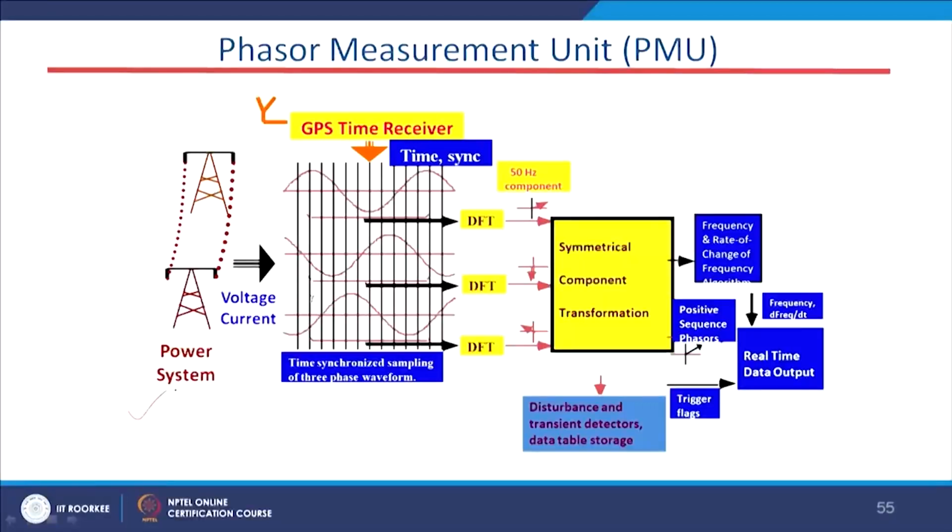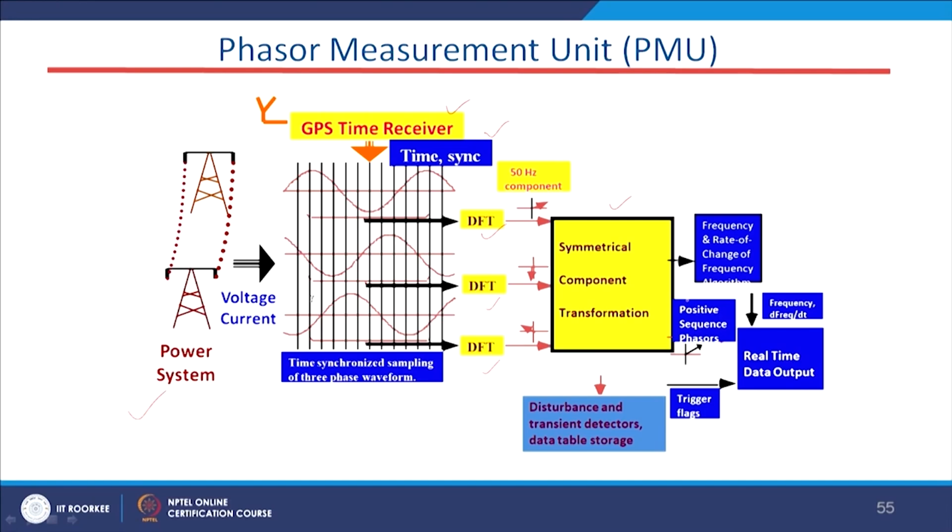This is how the PMU transfers the voltage and current signal, and this is the GPS receiver. Time is synchronized, deciding at what time we want to start sampling this particular signal. After getting the sampled values of the voltage or current, we apply the DFT to estimate the phasors, and we get the symmetrical component transformation.